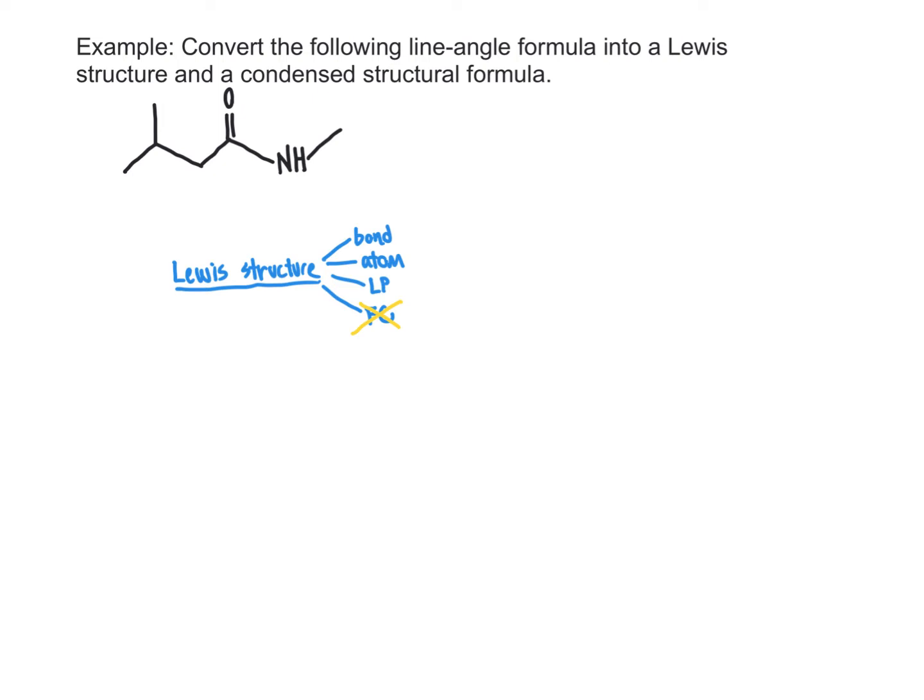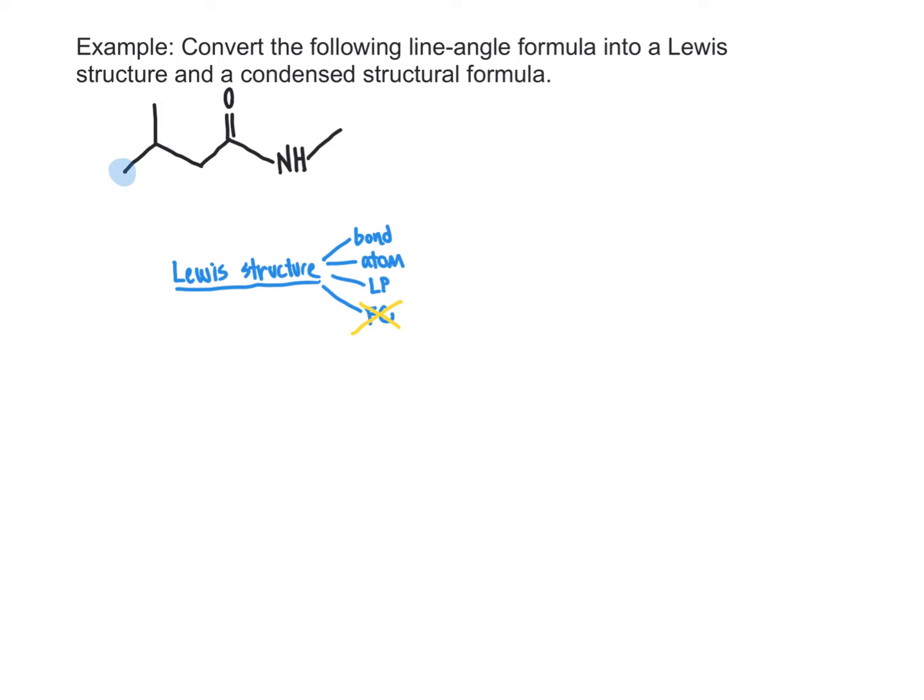So let's go ahead and draw out this very detailed structure, our most detailed way of representing a molecule. I'm going to start at the left-hand end of the molecule. As I've said in earlier videos, it doesn't matter which end of the molecule you start with, just pick one and roll with it. When converting line angle formulas into Lewis structures, one of the things I like to do is sketch on the line angle formula to help keep myself on track.